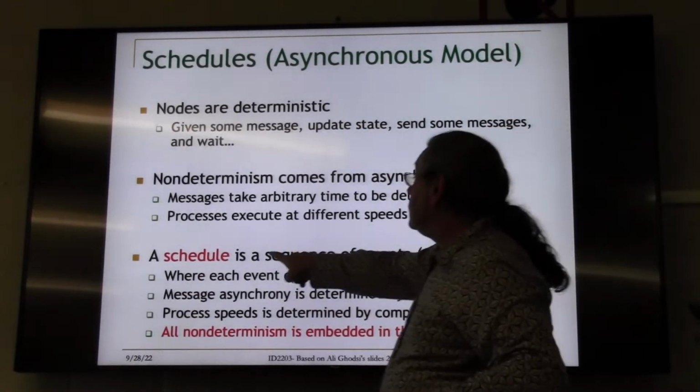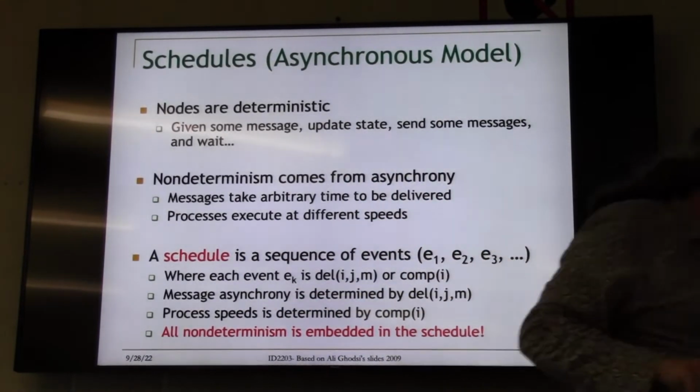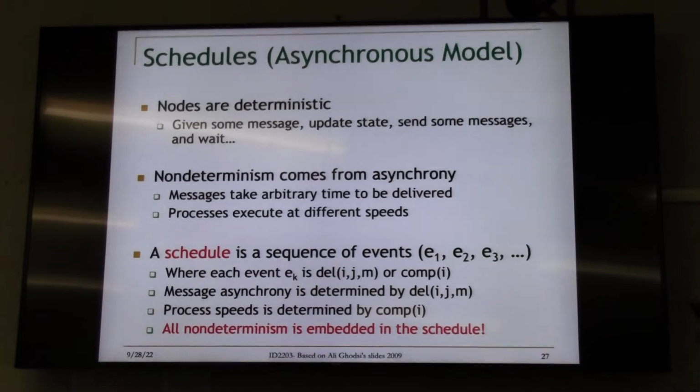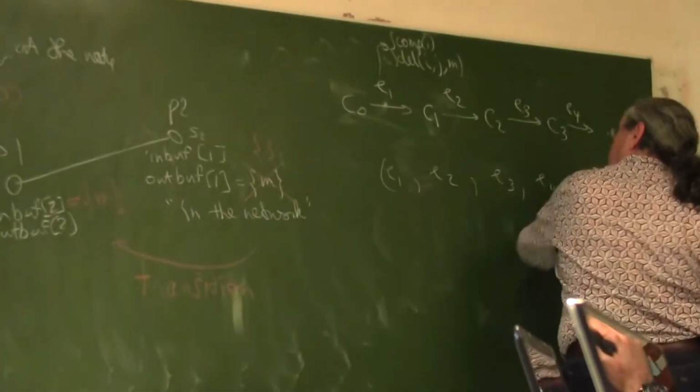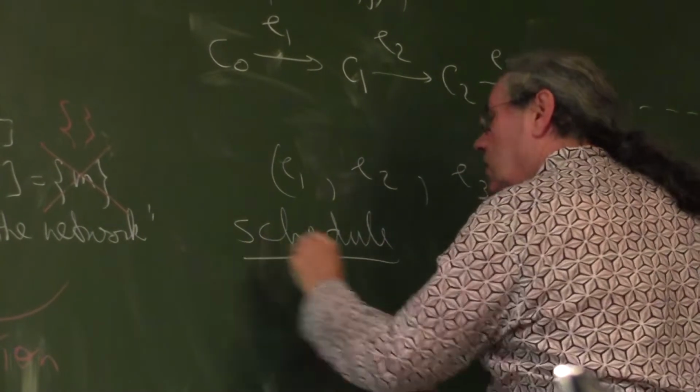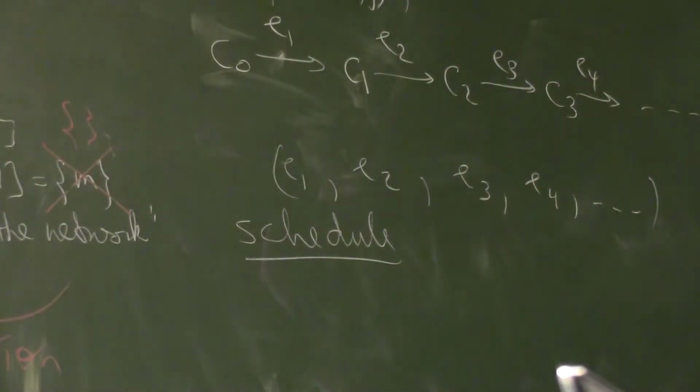And we call a schedule. The schedule is an important thing. The schedule is just the events. We don't care about the configuration, we're looking at the events. So this is called the schedule. This determines the execution.